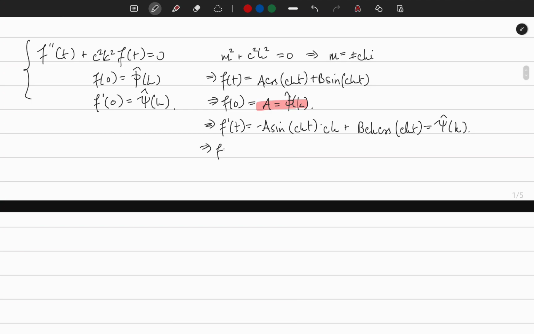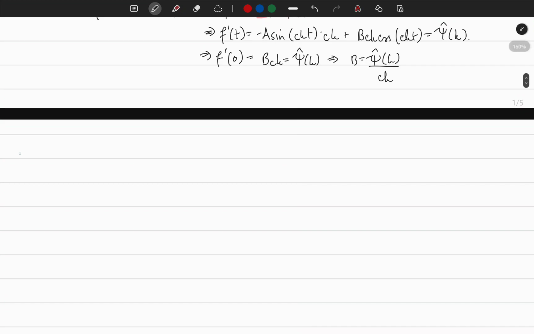So that means if we put 0 in for t, the first term vanishes, sine of 0 is 0. The second term, we will have bck is equal to psi hat of k. But then this implies that b is just psi hat of k over ck.